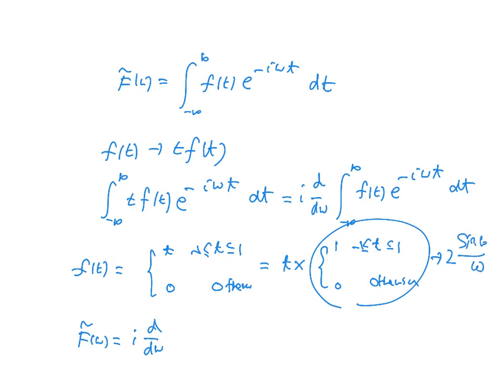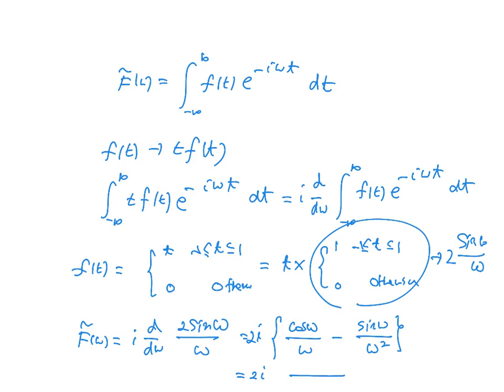So i d/d omega of 2 sine omega over omega gives 2i times (omega cosine omega minus sine omega) over omega squared.